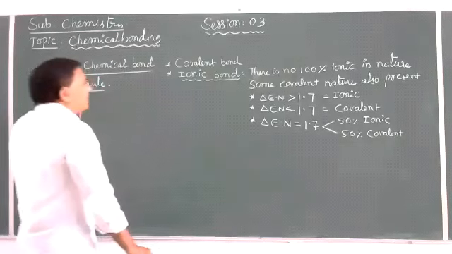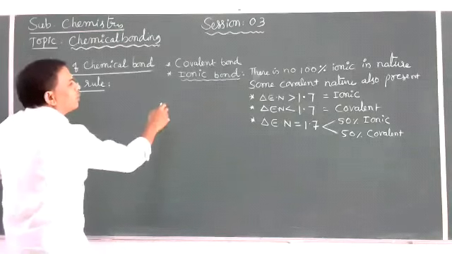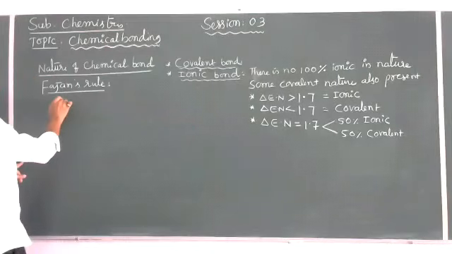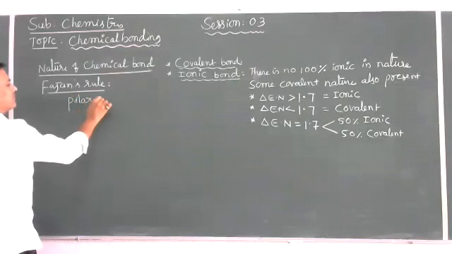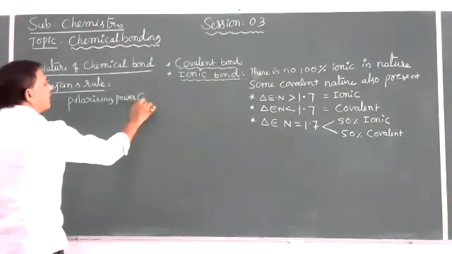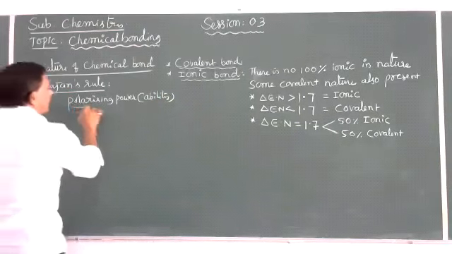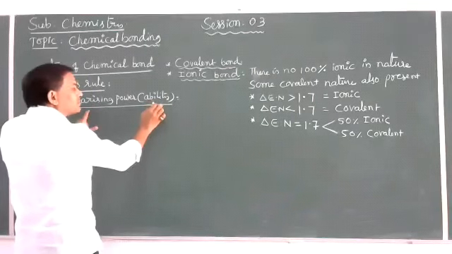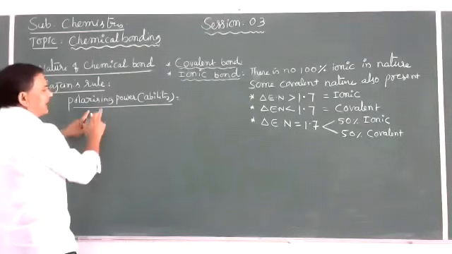Now, based on Fajans rule, to explain the nature of a bond, either covalent or ionic, here we want one important definition, that is polarizing power or polarizing ability. Polarizing ability we particularly use for cations to express ionic or covalent character.